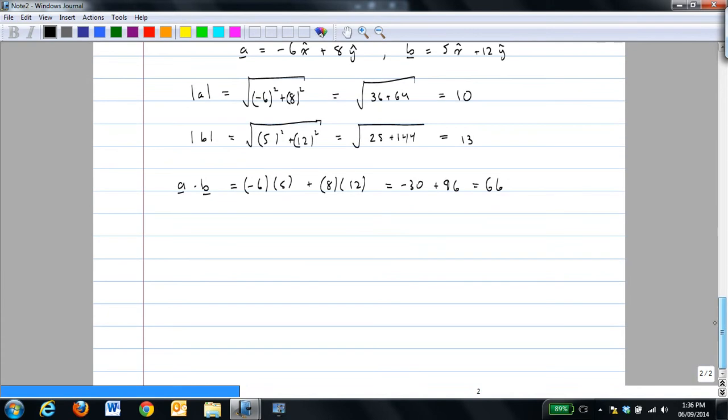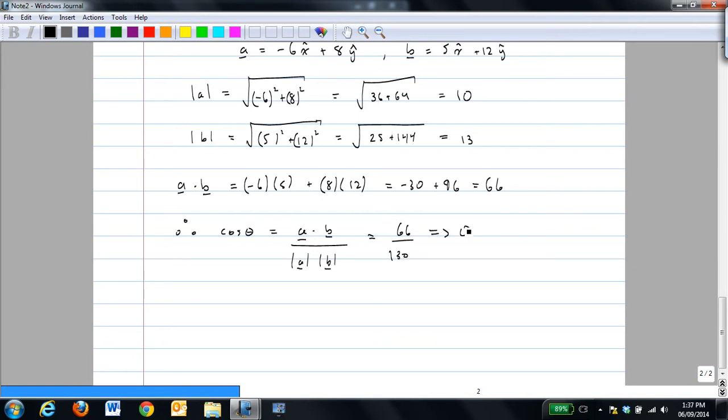Okay, so now that we have our dot product and the magnitudes of our two vectors, we can find the angle. So cos theta equals, from above, A dot B over the magnitude of A times the magnitude of B. And this equals 66 over 130.